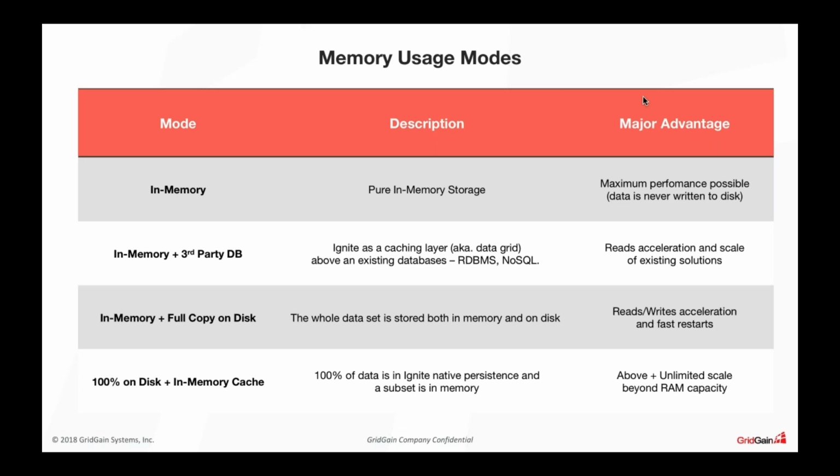And the final mode, which is my favorite option, shows that Ignite can be as flexible as possible. It's named 100% of data on disk plus memory cache. Here it is assumed that, again, you use Ignite native persistence. All the data, without any exception, is stored on disk, and we cache as much as you want or as much as you can afford directly in memory.